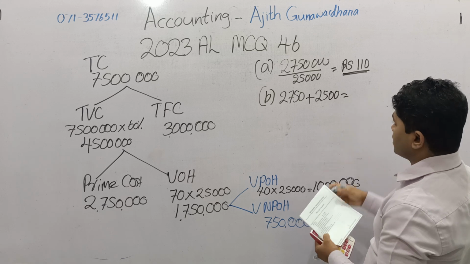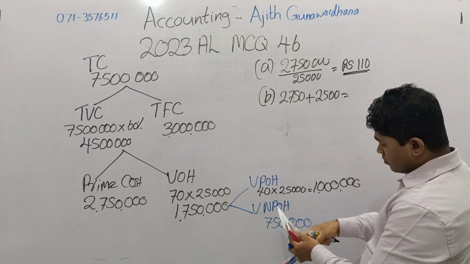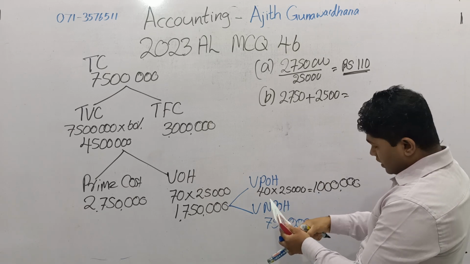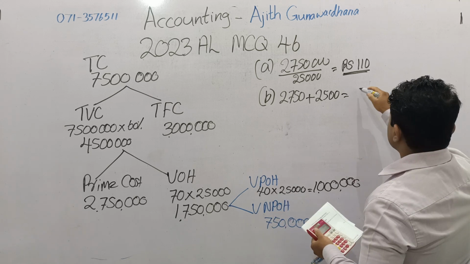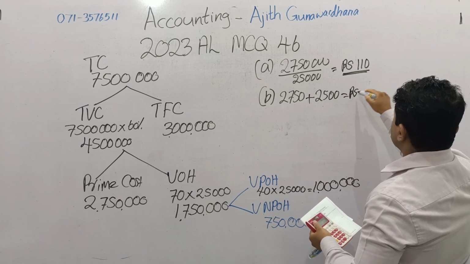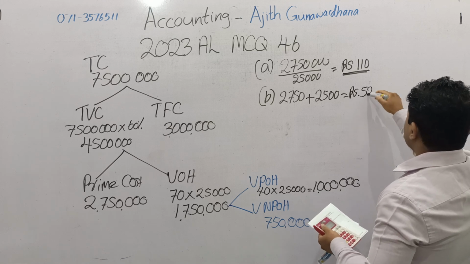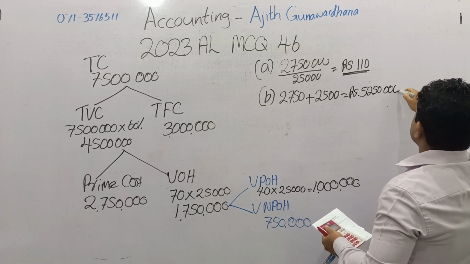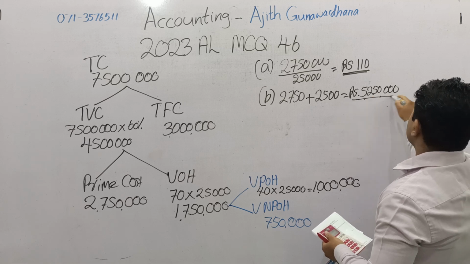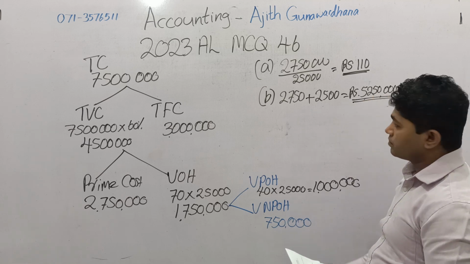Therefore, total production cost equals rupees 5,250,000.